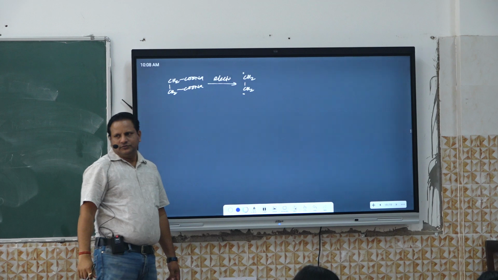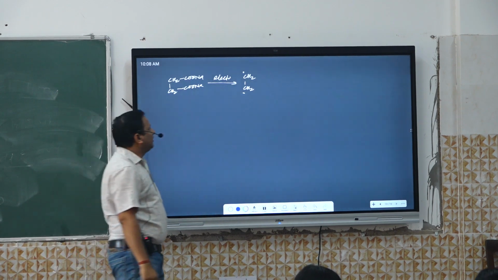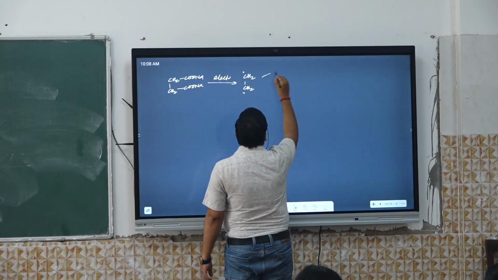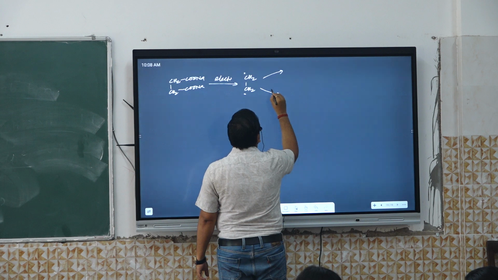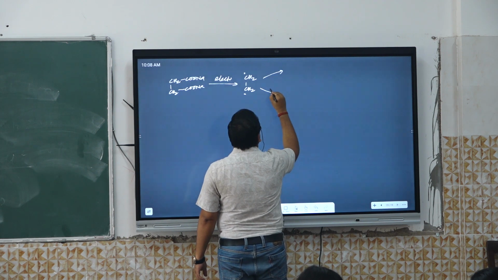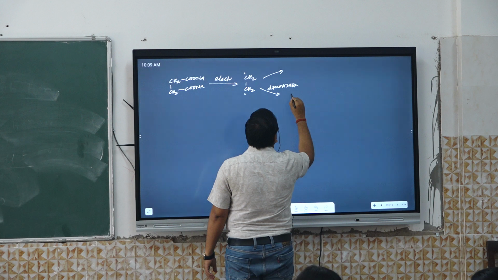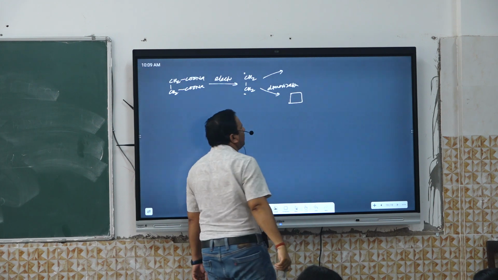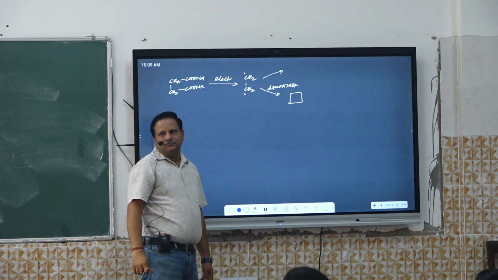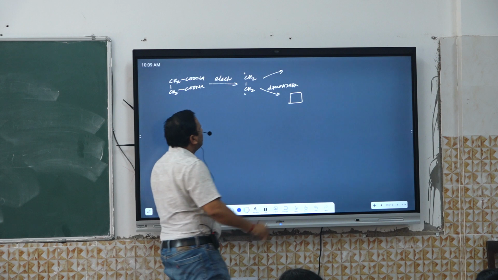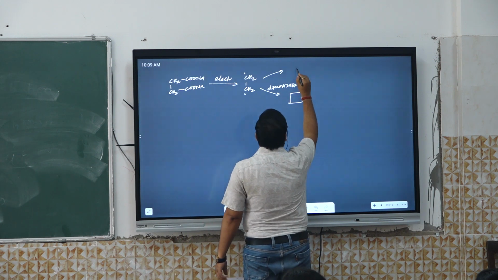Did it form or not? So after formation of this free radical, it can undergo two different reactions. One is dimerization. It will form cyclobutane upon dimerization, or the other one, a disproportionation reaction.